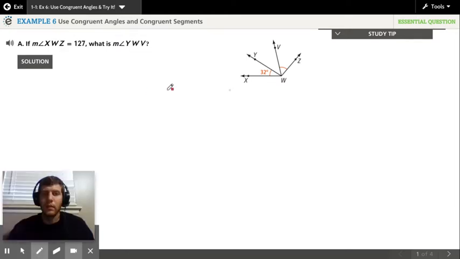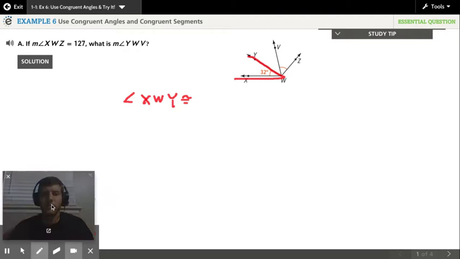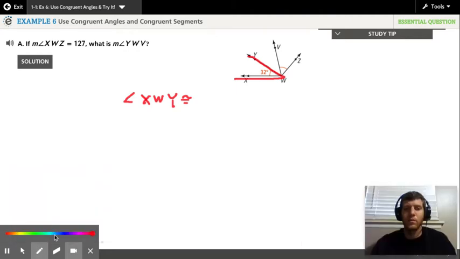Angle XWY has one arc, so it's congruent to any other angle with one arc, and the other angle with one arc is this one over here.